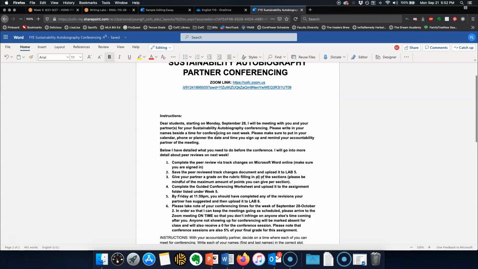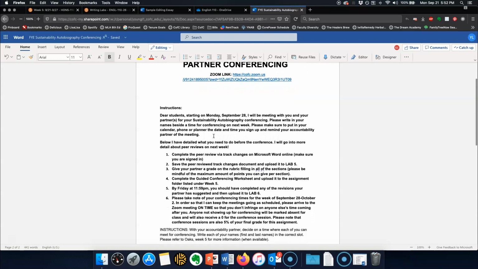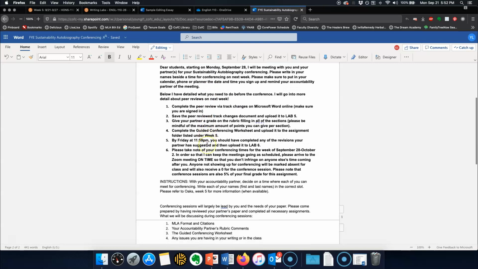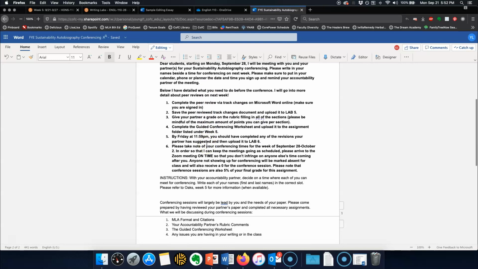We will be walking through your papers and really just figuring out how to make them better. In the conferencing, you can talk about any problems or issues with the MLA format or citations you had, the rubric comments you made, the guided conferencing worksheet you had, or any issues you are having in your writing or in the class.